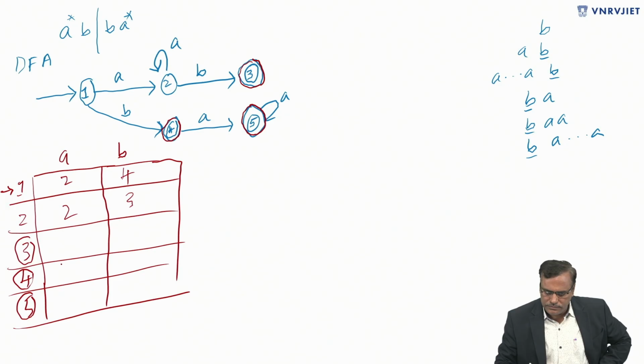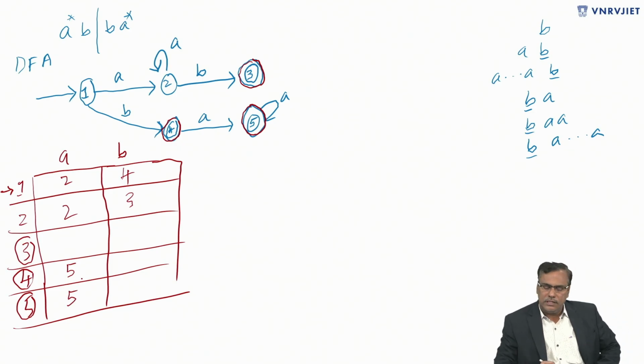Next, 4 on A, where are you going? 5. 4 on B, empty. 5 on A, where are you going? State 5 itself.